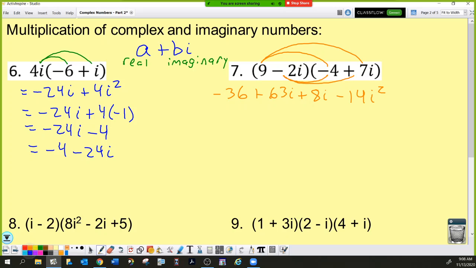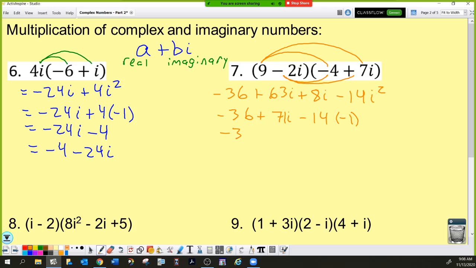First, go Gators, orange and blue. First, we have to combine our like terms. 63i and 8i are like terms. They can be added. That's going to give me 71i. And what does i squared equal again? Negative 1.